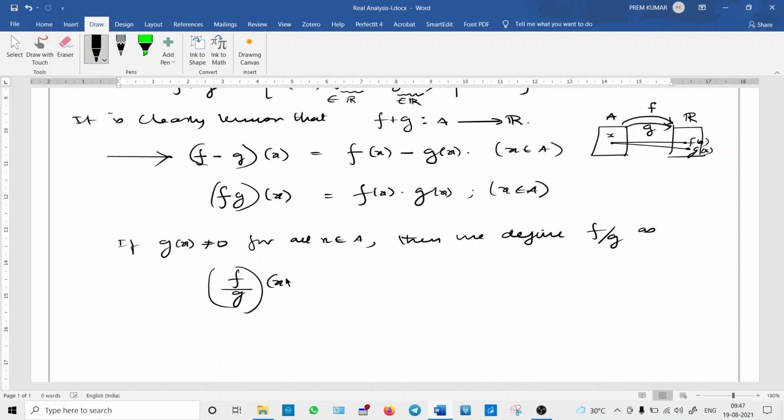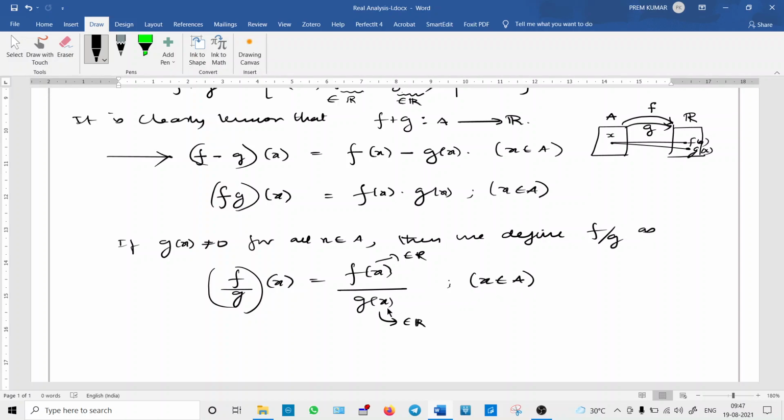What is this function? They simply say that this is nothing but f of x by g of x, because this also belongs to R, this also belongs to R, for every x in A.